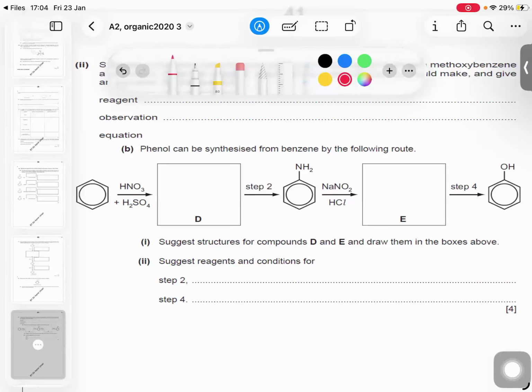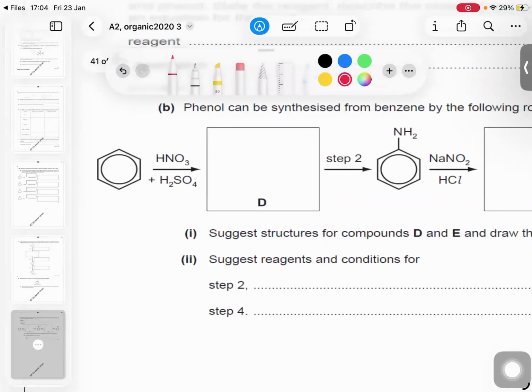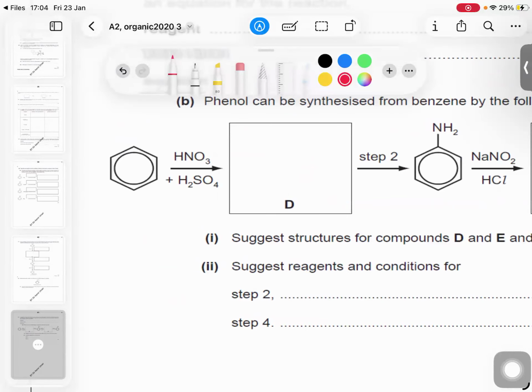We have to identify these D and E. Can you identify D and E? D is nitration. NO2 will attach. At which carbon should I attach? On the top, I can see in the product, okay?